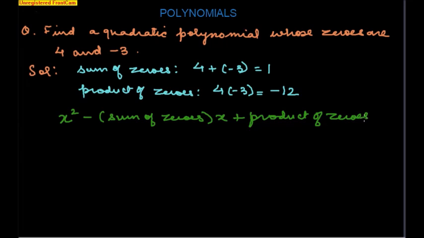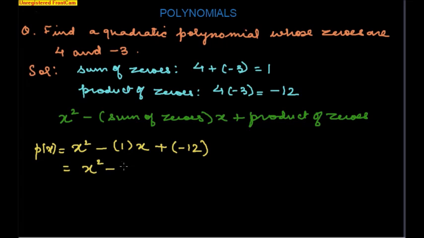So now we form the polynomial as x square minus the sum is 1, and the product is minus 12. I write again this polynomial as p(x). As I simplify it, I get x square minus x minus 12.